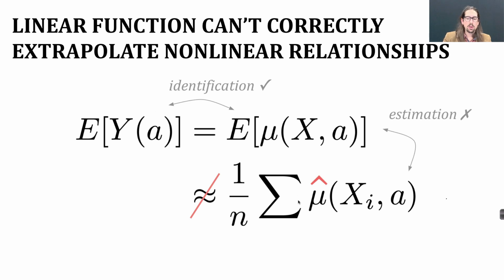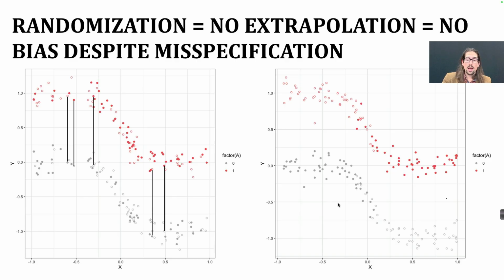But if I do linear regression, I might still have this problem, because even if it's randomized, the relationship between the outcome and the covariates might not be linear. So if I do linear regression, it still might be messed up, right? Actually, no. The randomization also fixes the extrapolation problem, which is kind of surprising, very interesting.